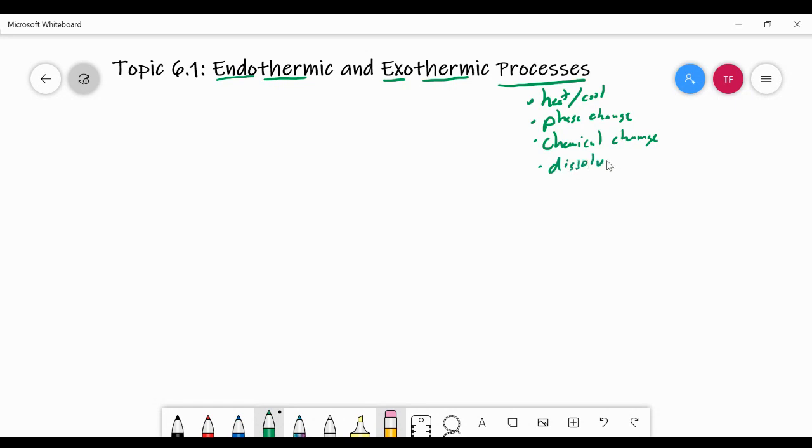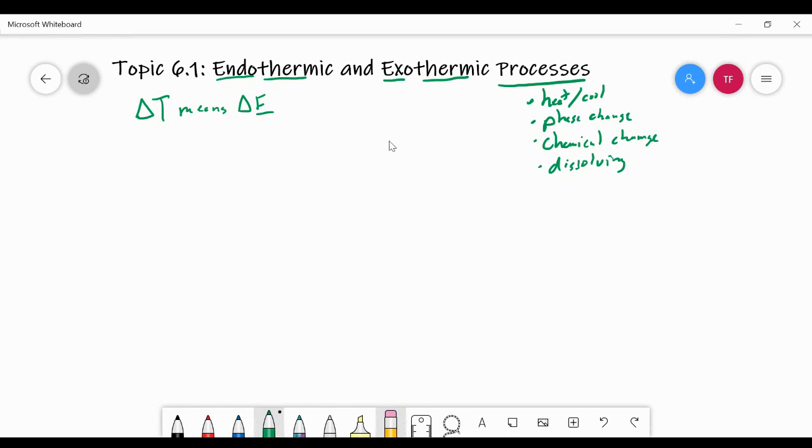So all of these are types of processes that we're talking about in chemistry that are either endothermic or exothermic processes. So typically, if you have a temperature change in a process, that means that there was an energy change in the process. So energy either went up or energy went down.